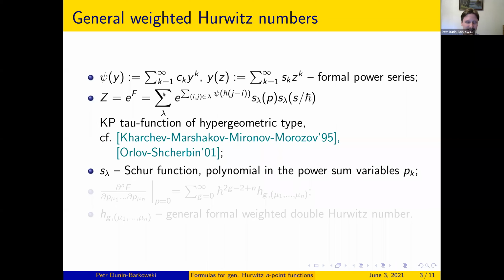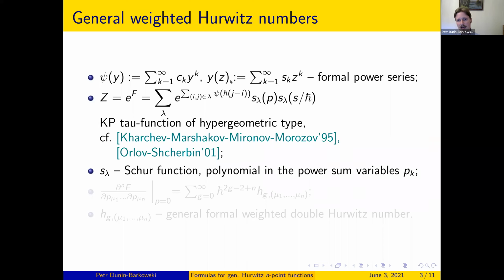The reason for this notation is that we will plug this y into psi. So it's quite natural to call the formal variable in the formal power series psi as y, and the formal variable in the formal power series y we call z here.